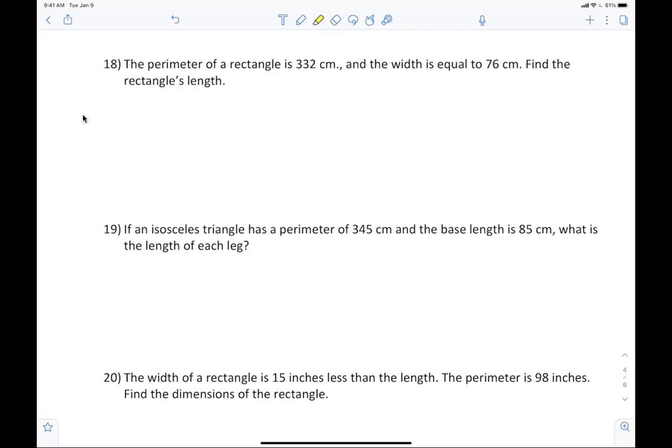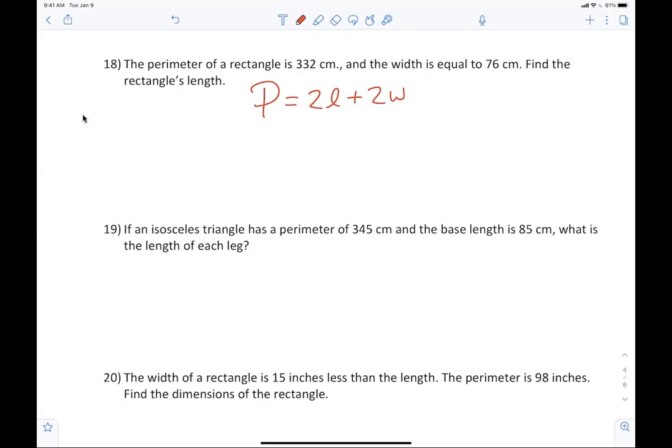Tell me. 2L plus 2W. Yes, that's exactly correct. So everybody write down P equals 2L plus 2W. Now we're going to get into some formula-based problems.